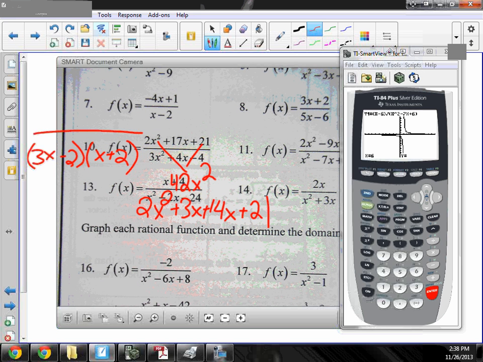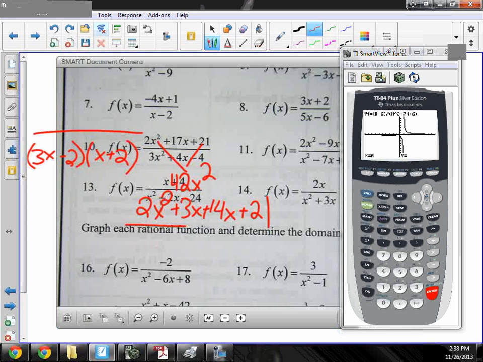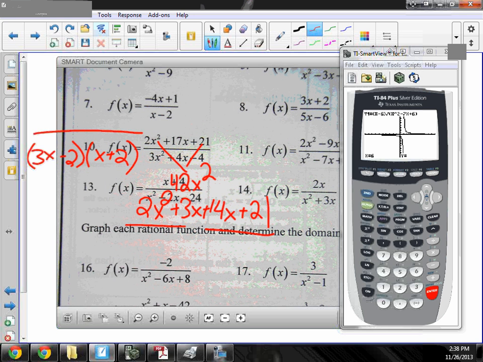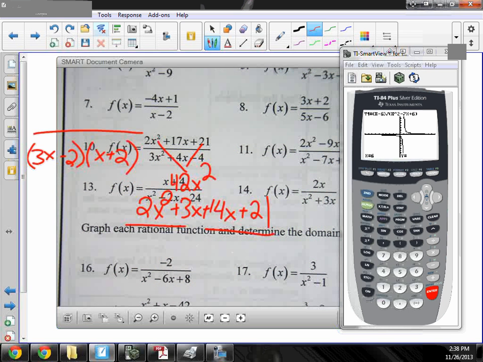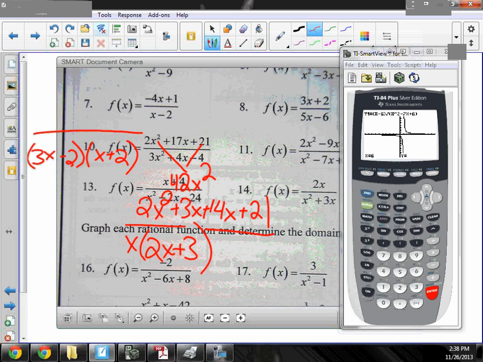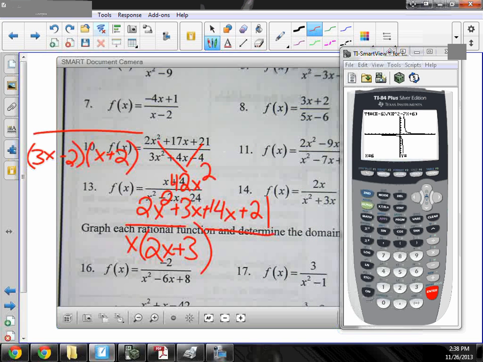Okay. Well, what can I pull out of the first set? What am I missing? This was the sort of thing that got Jackson moved. So I can pull out an x, 2x plus 3. What can I pull out of the second set? A 7.